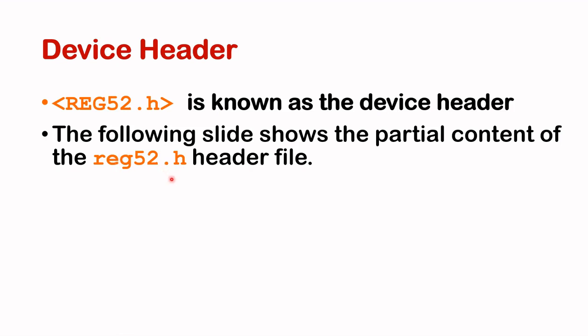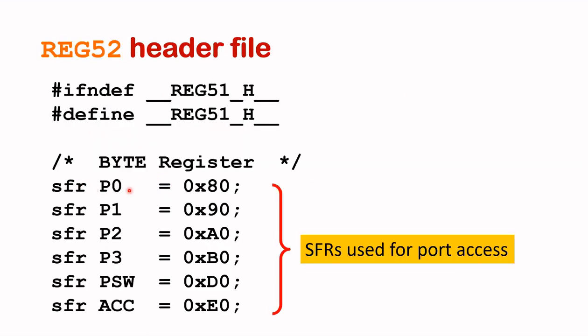All right, so let's look at a partial content of the header file. Here we are. As you see here, we have the special function registers being defined in the header file. So SFR P0 is given the address 0x80 hexa. Similarly, P1 is 90 hexa and so on.